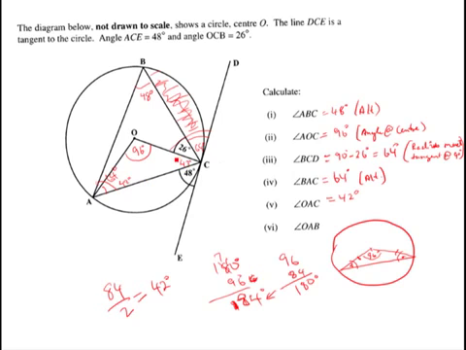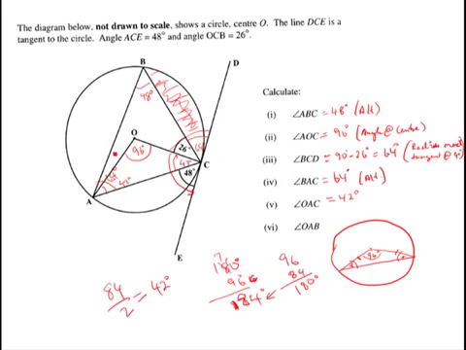Now this is a real long way of doing it, because we could have done that more easily by simply looking at this side. This is a radius, and this is a radius. This is a tangent. So the angle between the radius and the tangent is 90 degrees. And so if this is 48 so far, the next piece must add on to give us 90.